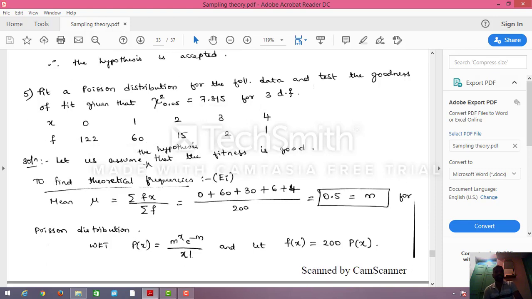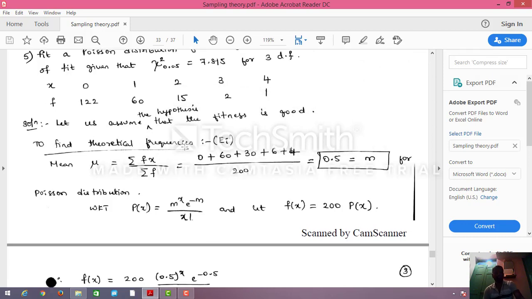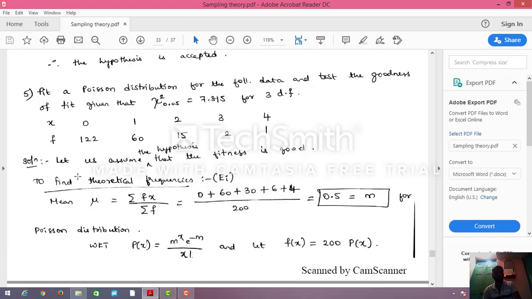Let us assume the hypothesis that the fit is good. To find the theoretical frequencies, the mean mu equals the summation of fx divided by the summation of f. Fx means 0 into 122 plus 1 into 60 plus 2 into 15 plus 3 into 2 plus 4 into 1.